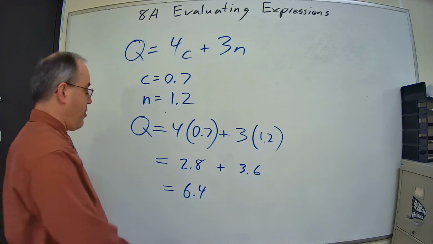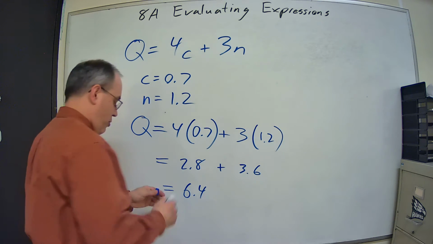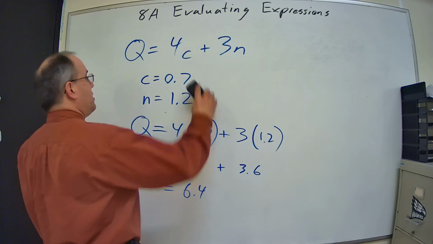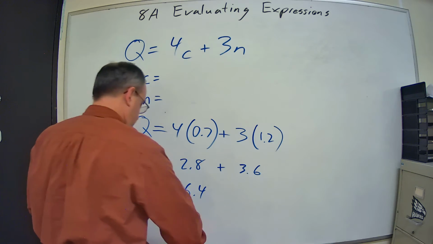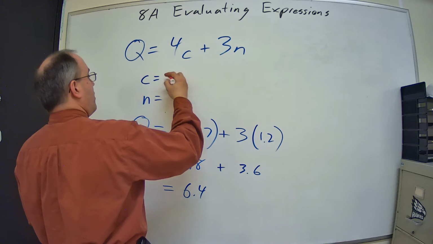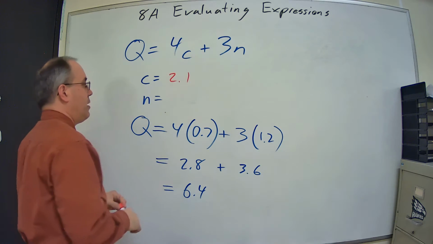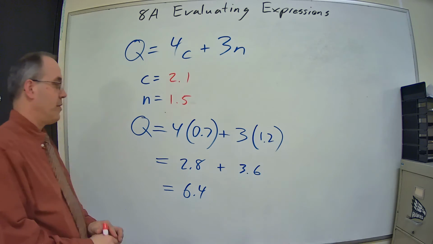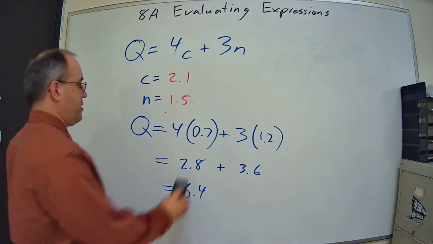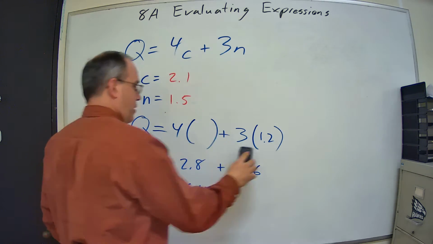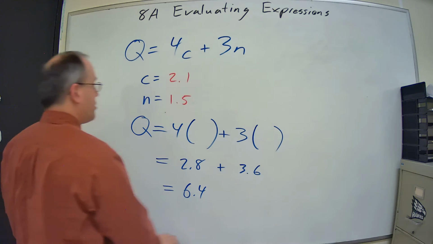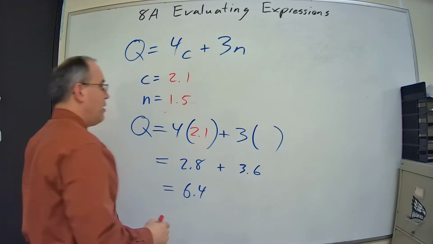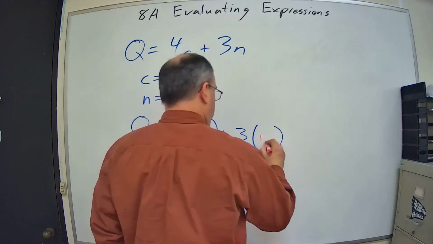We could do the same thing again, and I could modify this and say, okay, now C is equal to 2.1 and N is equal to 1.5. If that's the case, that means we're going to plug in different values here. So C is equal to 2.1, N is equal to 1.5.